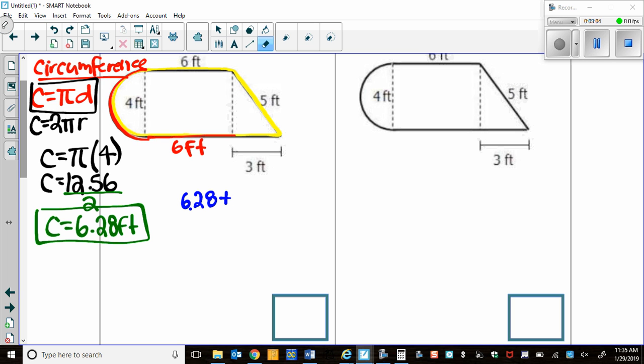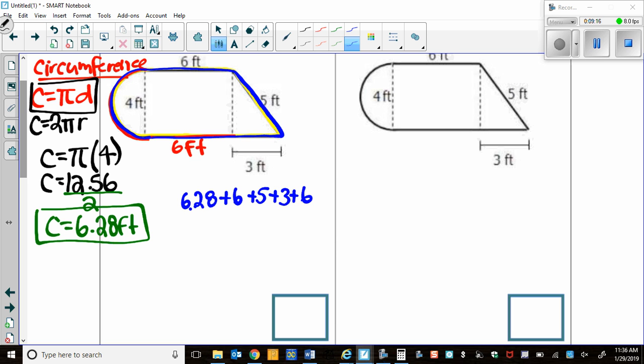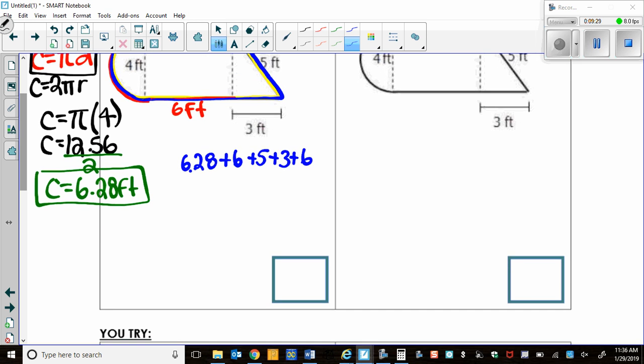Plus 6 feet, plus 5 feet, plus 3 feet, plus 6 feet. So basically, I just went all around, and I'm going to add these up. All right, so if I add these together, let's see what we get. My answer is going to be 26 feet. Let me write this down. 26 feet.